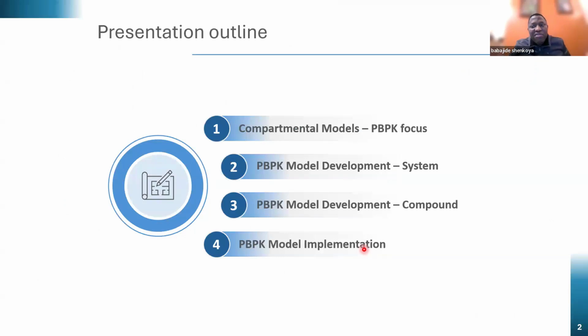So here is what I have planned for our time together today. First, I am going to be doing a quick recap of compartmental modeling, but this time I am going to be focusing on concepts that will facilitate our understanding of PBPK equations.